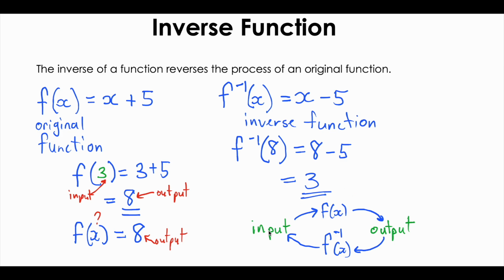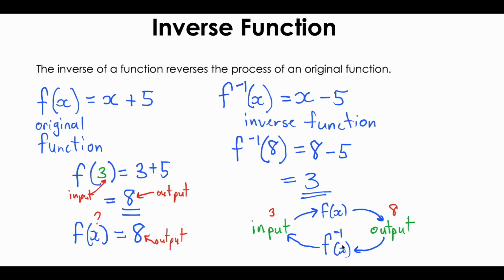Okay, so if we put the input into this function, we get a particular output. If we put that output inside of this function, which would become the input for the inverse, we would get the original input for this one. Alright, just like we saw here. So the original input in this case was 3. Once we put it into this function, it came out as 8.